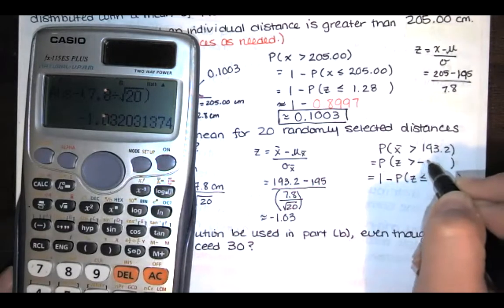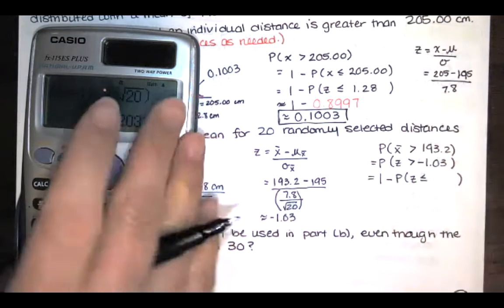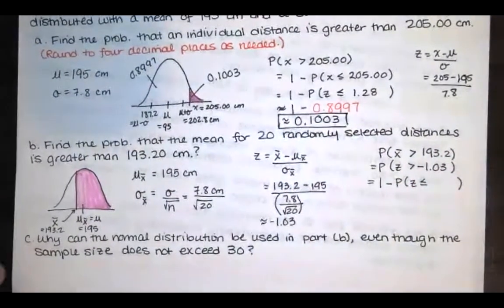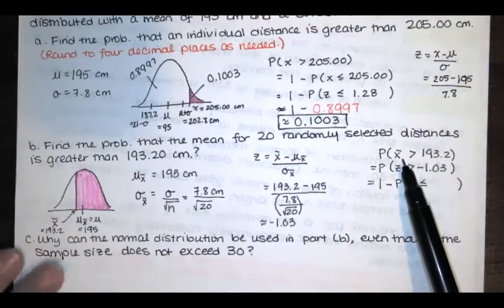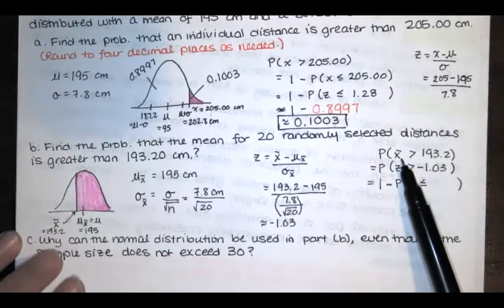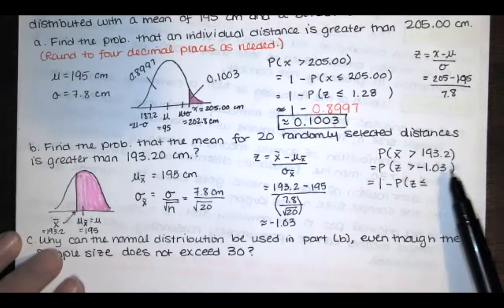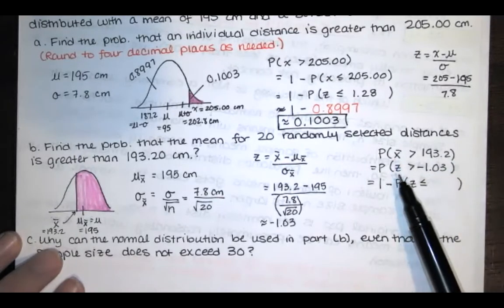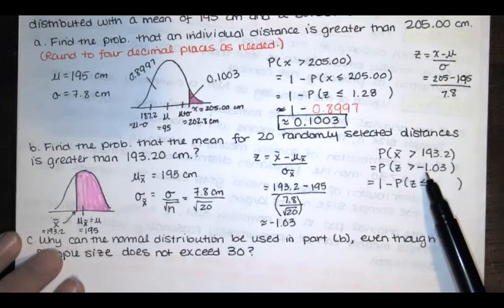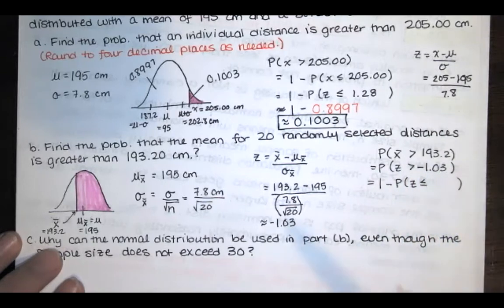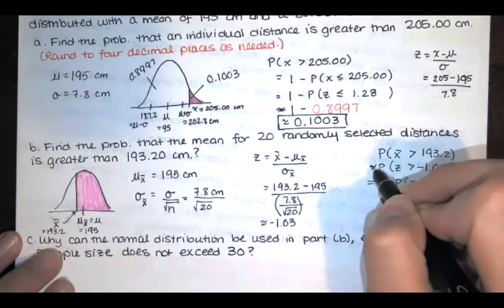So we want the probability that our Z-score is greater than negative 1.03, or alternatively, we want the probability that that sample mean is greater than this value, which means that that sample mean is more than 1.03 standard deviations above the mean.